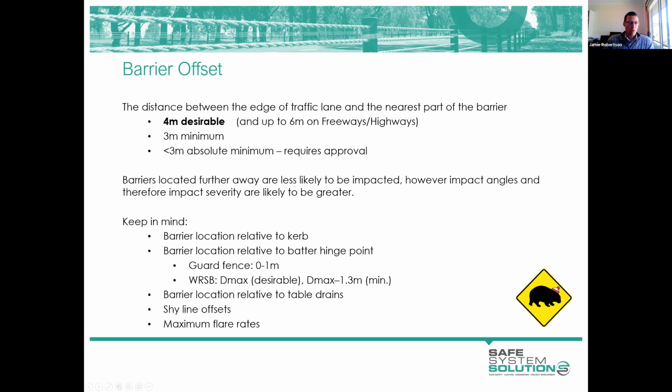And we might be looking to flare a barrier. We need to be mindful of the maximum rates at which we do flare those barriers. And flaring is particularly useful where we do have an offset that's less than desirable. We can flare our terminal further away from the road.